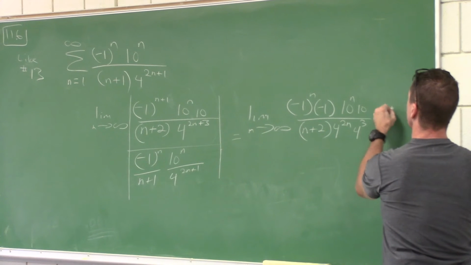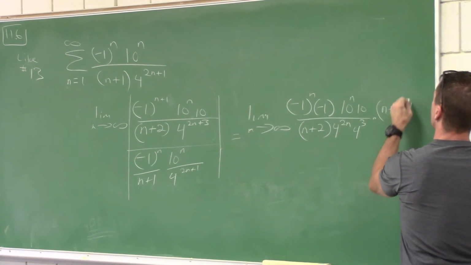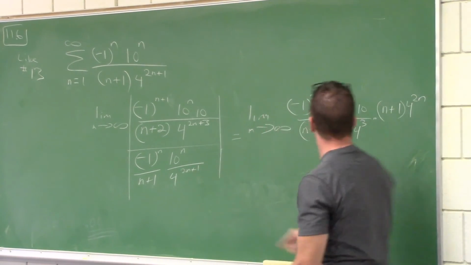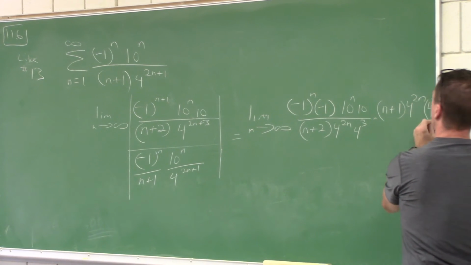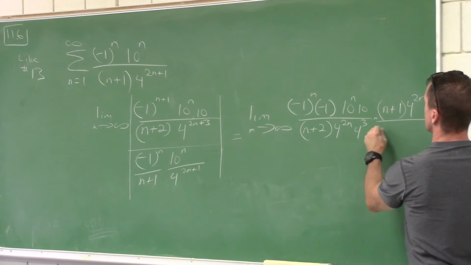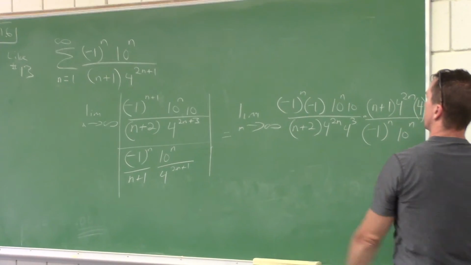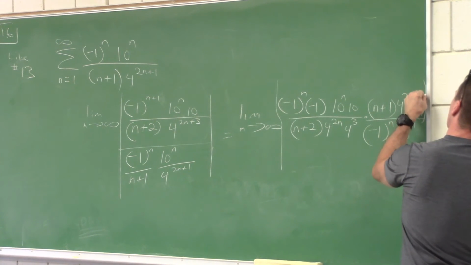I've got an n plus 1 upstairs, I've got a 4 to the 2n. That would be 4 to the 2n times a 4. And this is all over a -1 to the n, and a 10 to the n. And I'll put these bars. We got our bars right there.